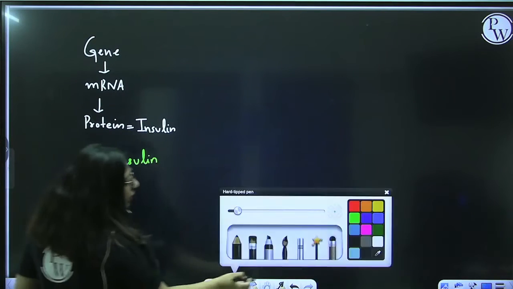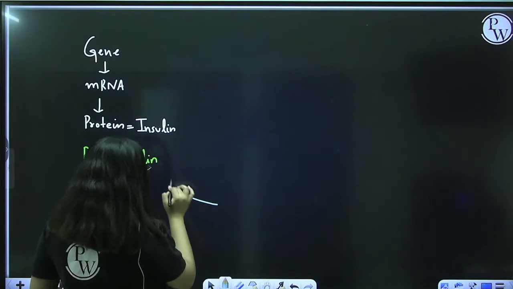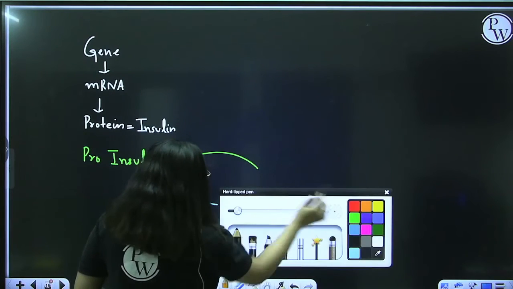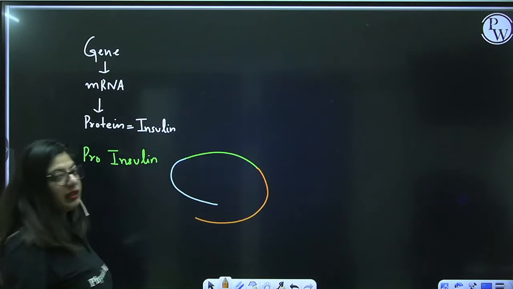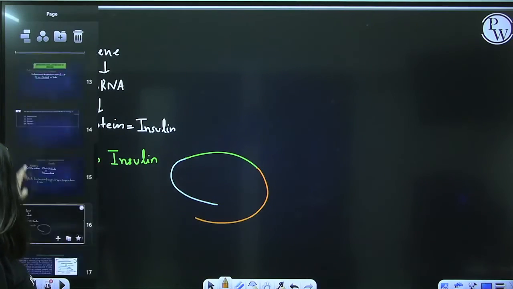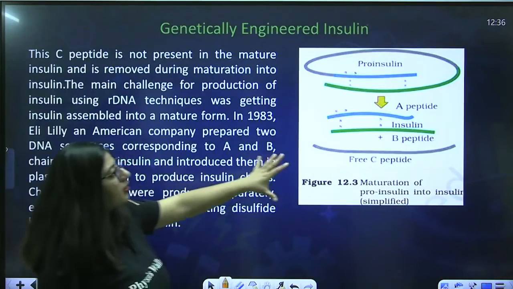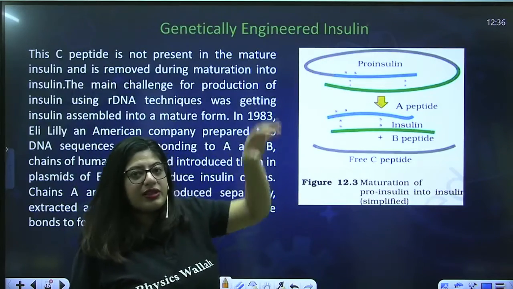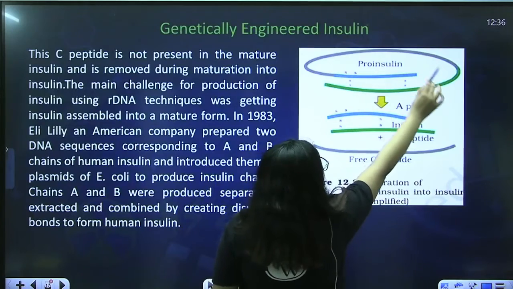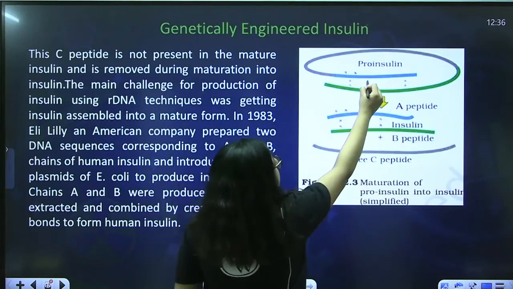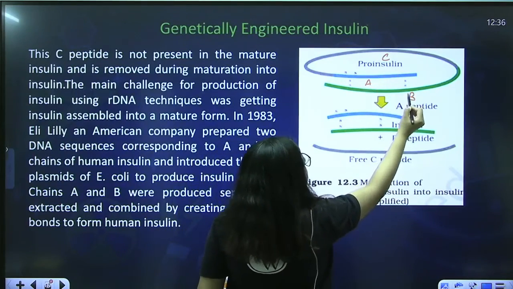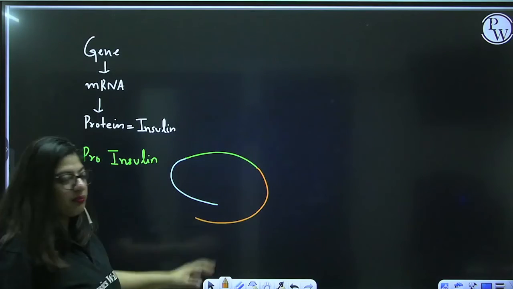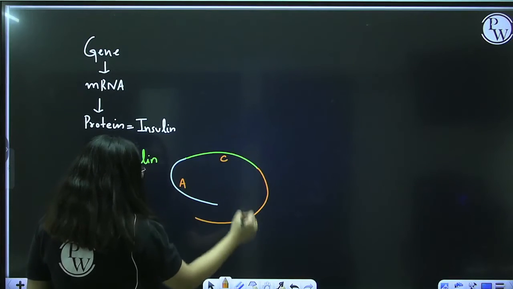Inactive insulin, formed of a combination of three chains of amino acids. In the NCERT you must have seen this diagram. When insulin is formed from RNA through translation, it is formed in this manner. This is the A chain, this is the C chain, and this is the B chain.